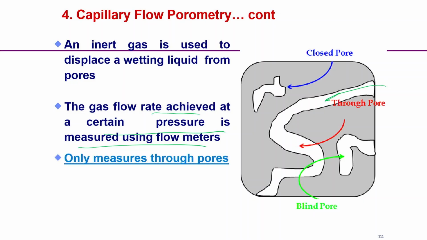We apply a certain known gas pressure. The gas flow rate is measured only through pores, not the blind pores or closed pores. So, the pores which run throughout from one surface to another surface, only those we can measure.